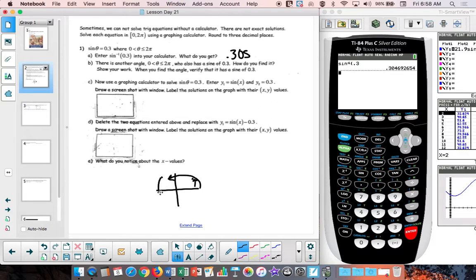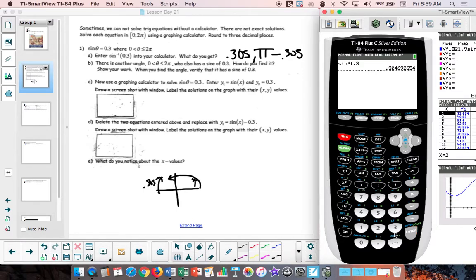So this is also 0.305. So I make it all the way to pi, and then I take away 0.305. So pi minus 0.305 will be the second answer. So pi minus the answer, and we get 2.837.